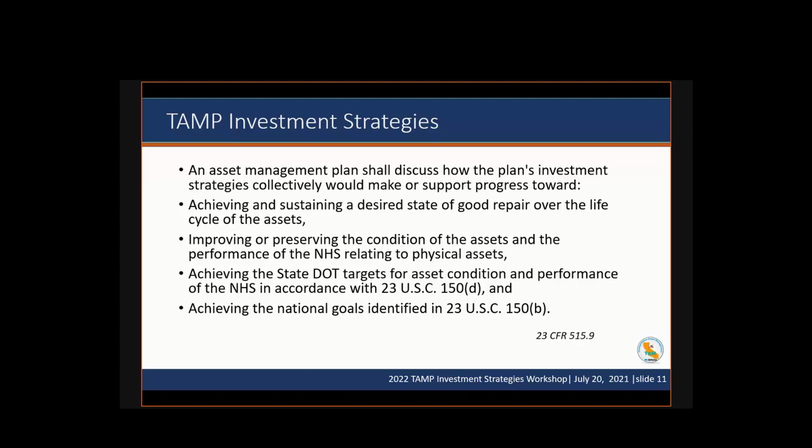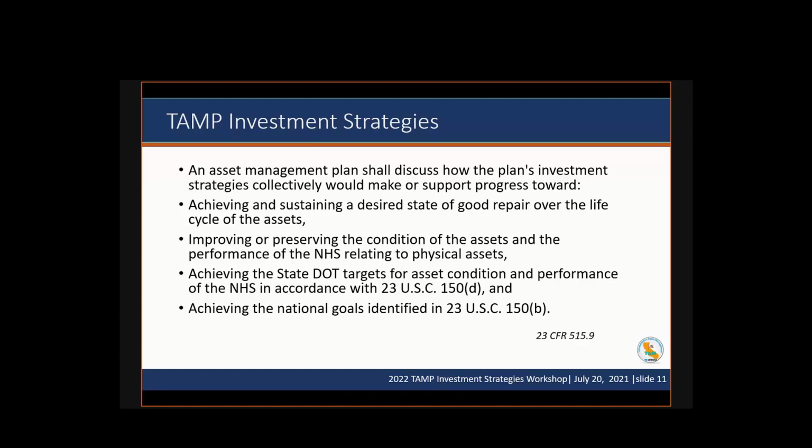That's achieving and sustaining the desired state of good repair over the life of the asset. And over the life of the asset is a nod to looking across the entire lifespan of our assets, and even a portfolio of assets, in the form of life cycle planning. And Brad's going to talk quite a bit about that in a few minutes.